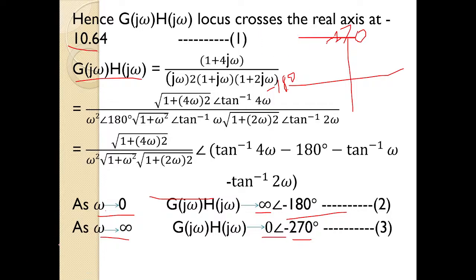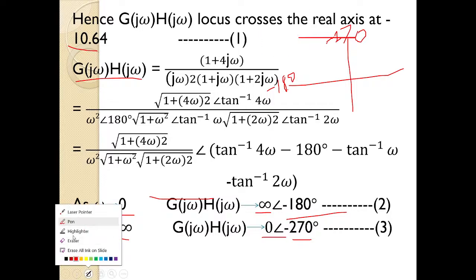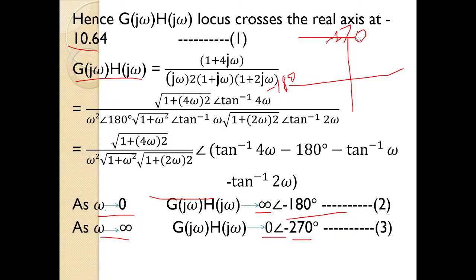When the angle is -180 degrees, the magnitude is infinity, and when it is -270, the magnitude is 0.